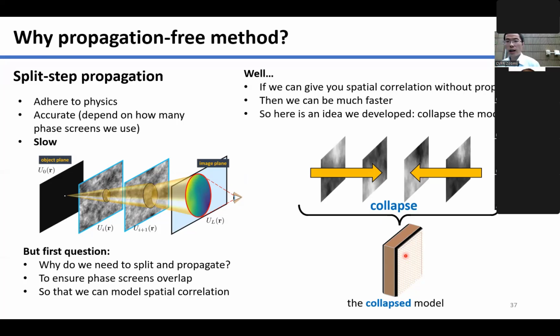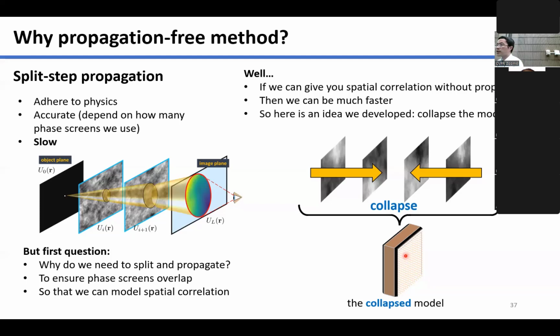So how do you do that? Well, the biggest concept is to collapse. You start with a lot of phase screens. You just collapse them, squeeze them together. Now you ask, oh, why can you do that? Didn't you just tell me that I need to propagate through all these layers? How can you collapse them?